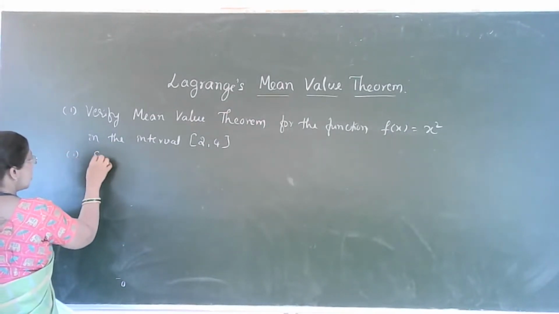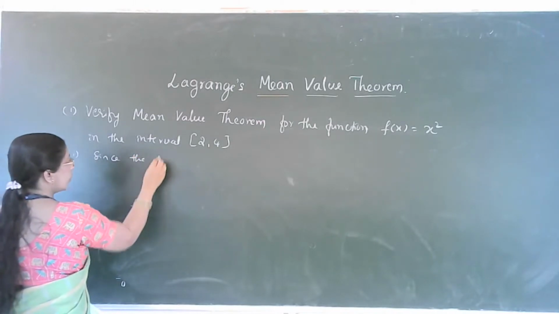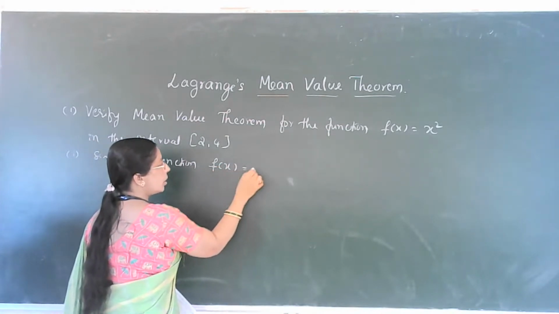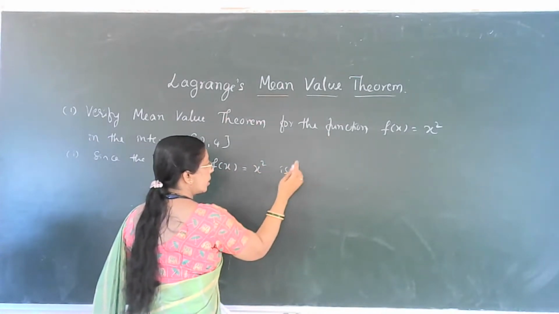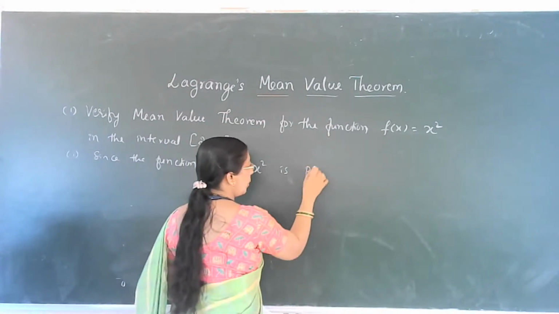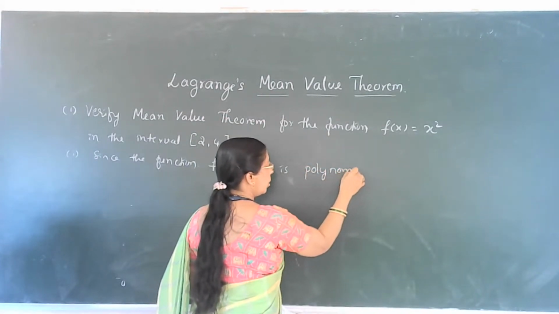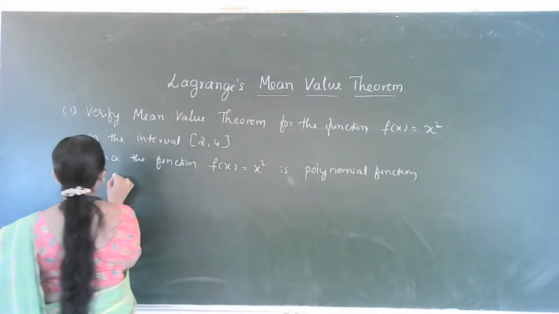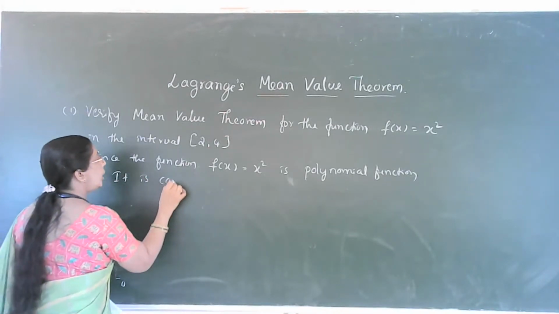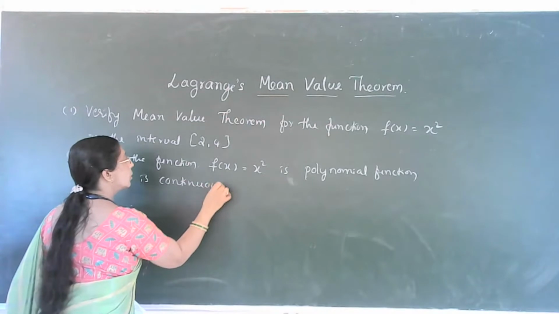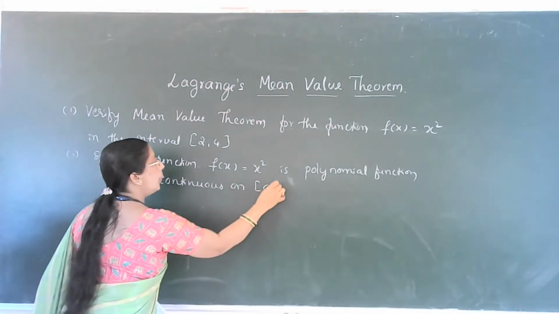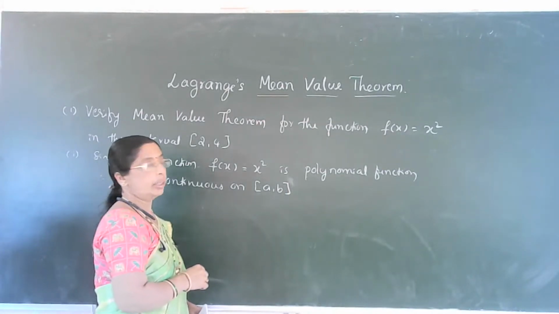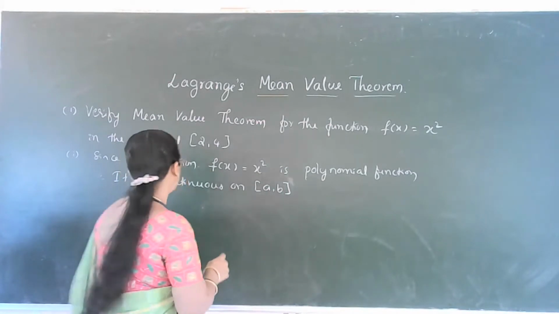First one, since the function f of x is equal to x square is a polynomial function, therefore it is continuous on the closed interval a b. We already wrote this in Rolle's theorem also.